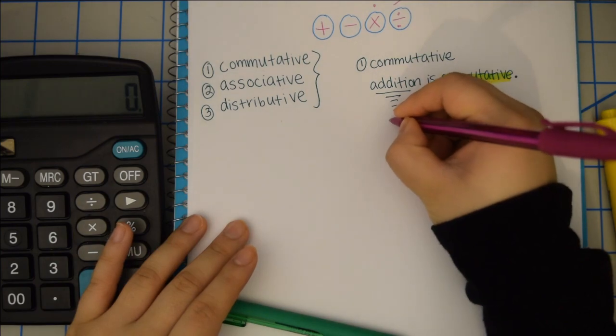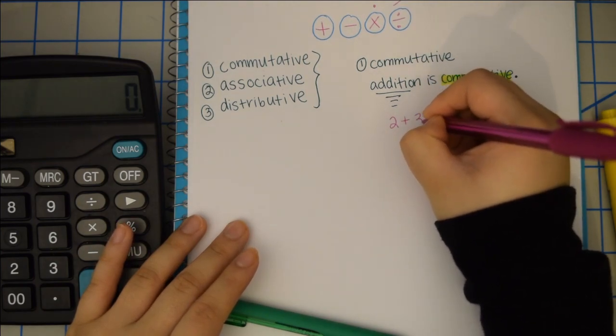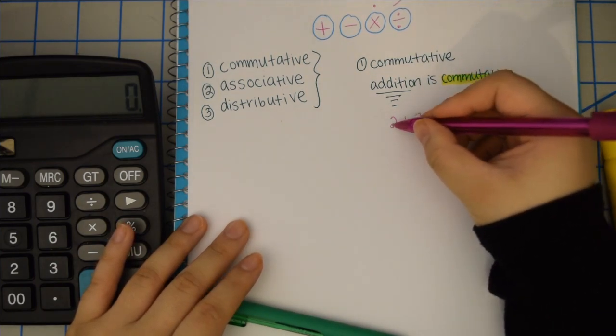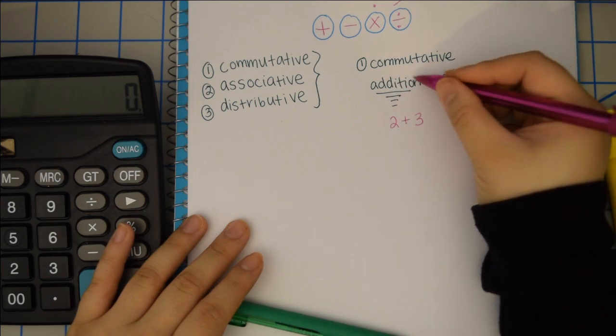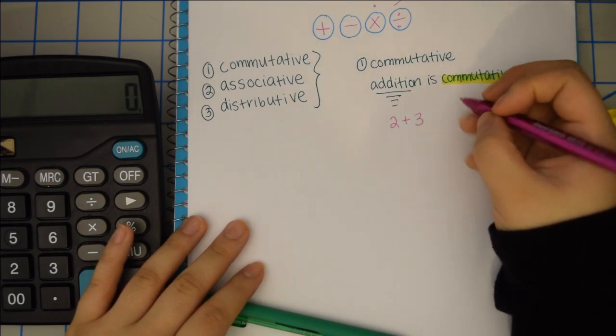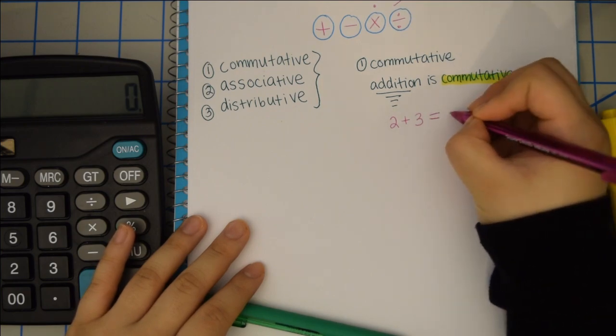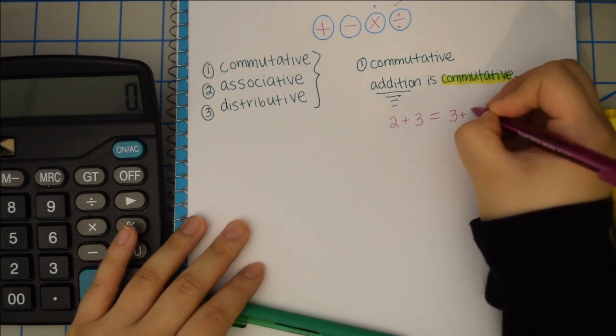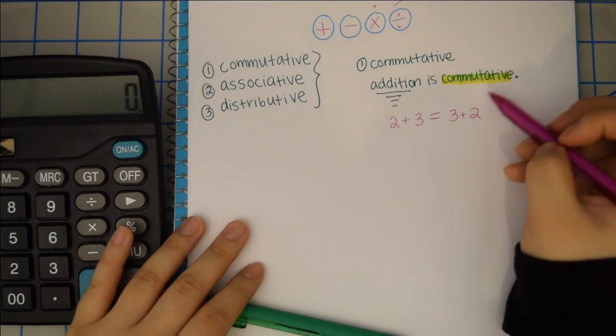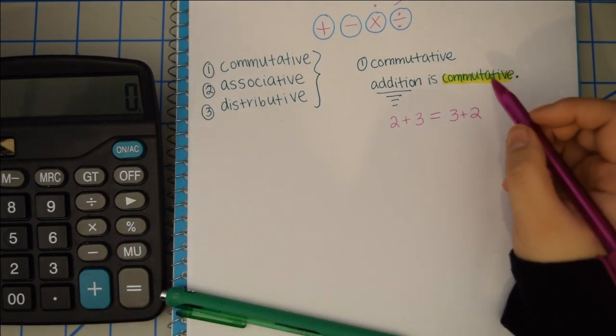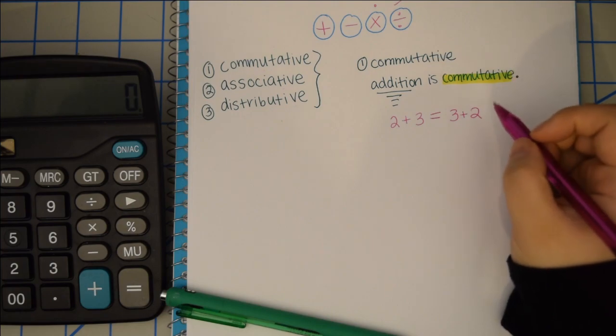So for instance, if I take 2 numbers, let's say 2 and 3, 2 plus 3, because we're working with addition in this case, 2 plus 3 would be equal to 3 plus 2, if this is a true statement, which I just said it is, but let's confirm that.